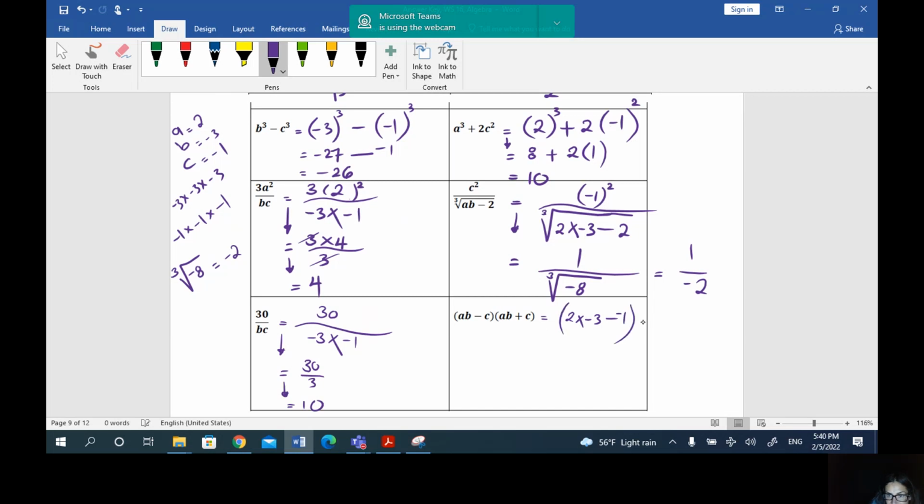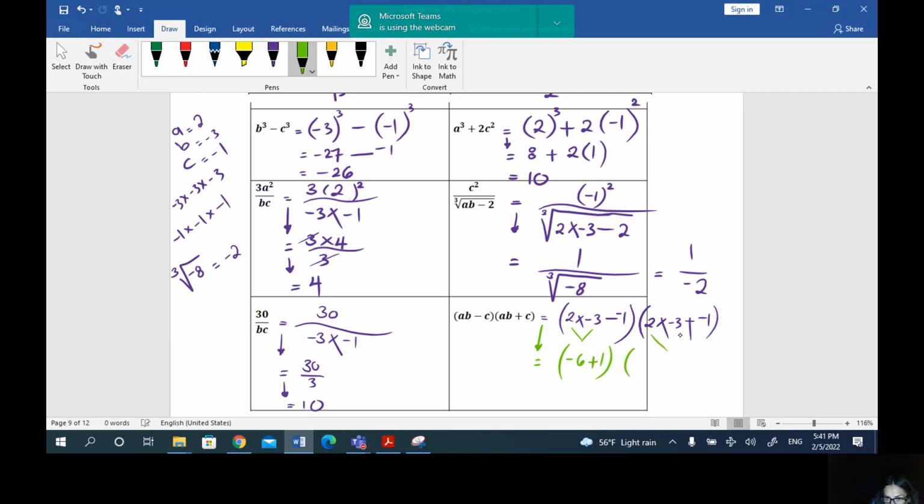This is the first bracket, times A, which is 2, times B, which is negative 3, plus C, which is negative 1. Let's consider the order of operations now. So 2 times negative 3, it's negative 6 plus 1.